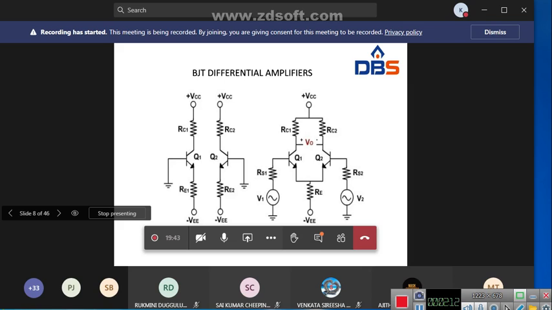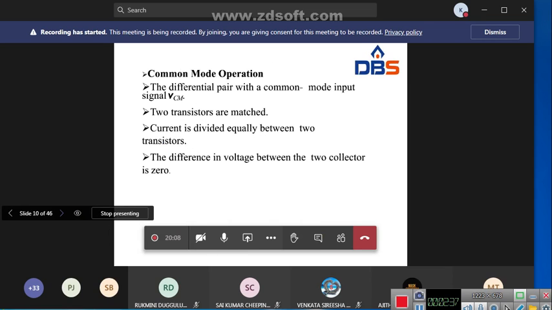Here the two emitter resistors are the same, with equal value, and the two collector resistors are also the same, right? So to form a differential amplifier we require two transistors, two emitter resistors, two collector resistors, and the two input voltages, V1 and V2. Up to this we have discussed in the last class, right?